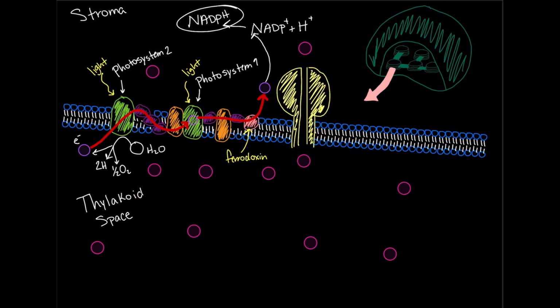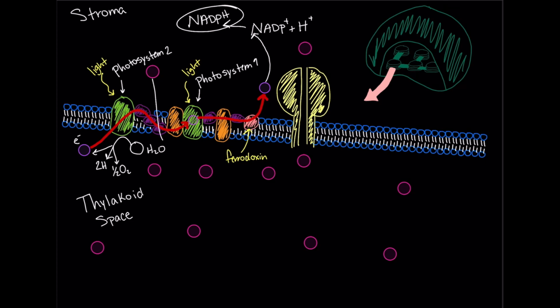And then we have another process, which is this right here, and it's called chemiosmosis. What this does is some of the energy, hydrogen, the hydrogen being represented by the pink circles, is transferred also into the thylakoid space from the stroma.